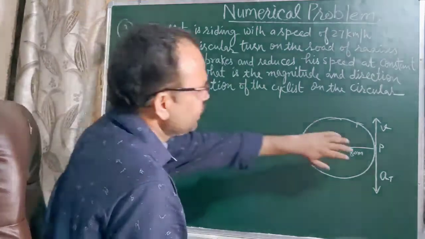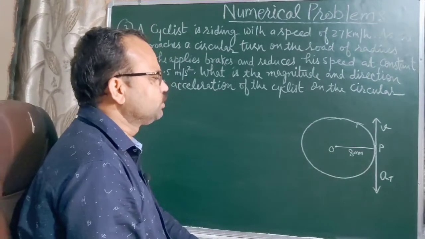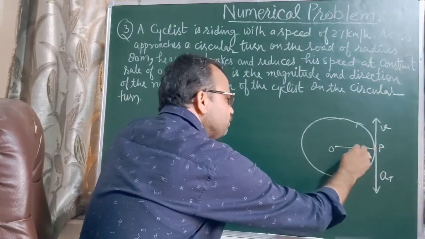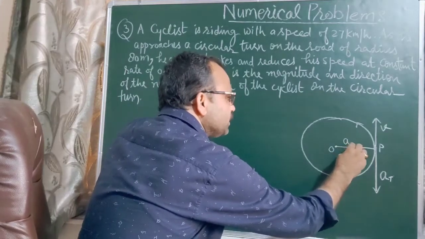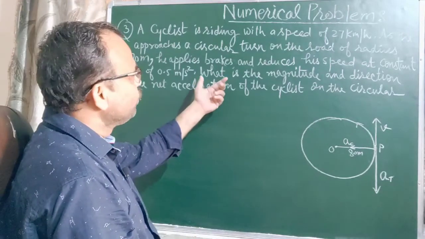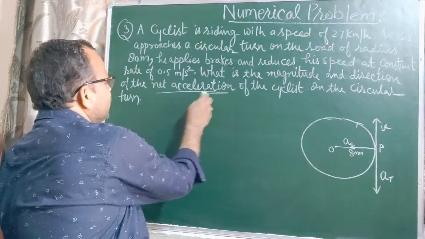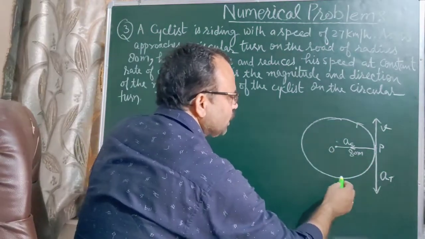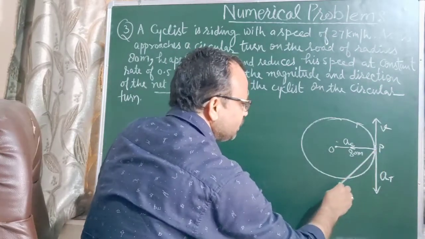And when the cyclist moves in a circular path, an acceleration is produced which is directed towards the center of the circular path, that is known as centripetal acceleration, a_c. But we have to calculate the magnitude and direction of the net acceleration, meaning the resultant of these two. Okay. So suppose this is the resultant.